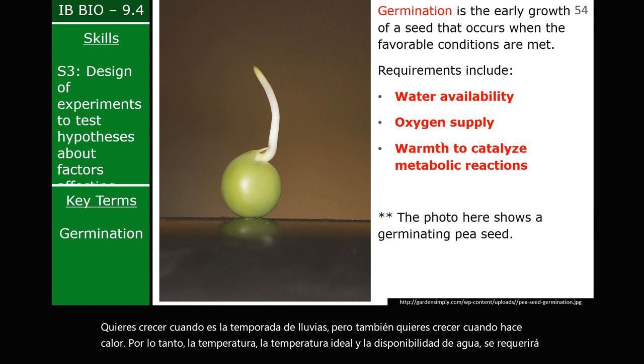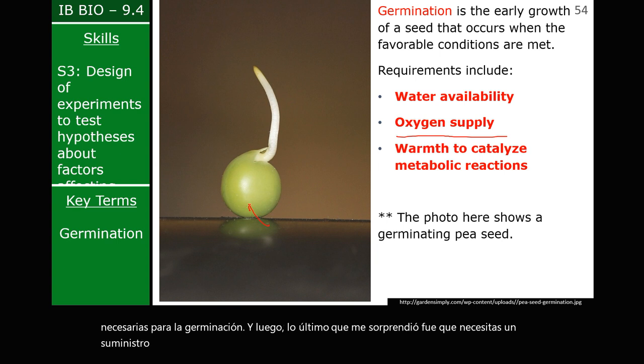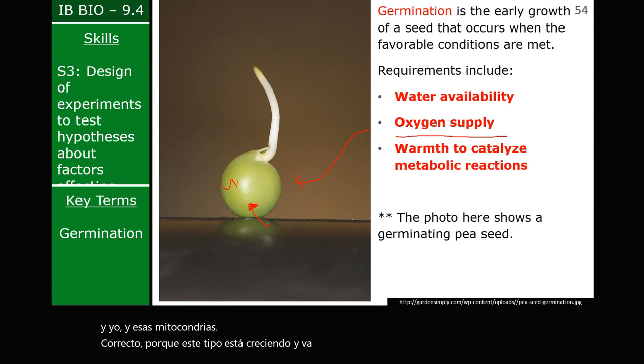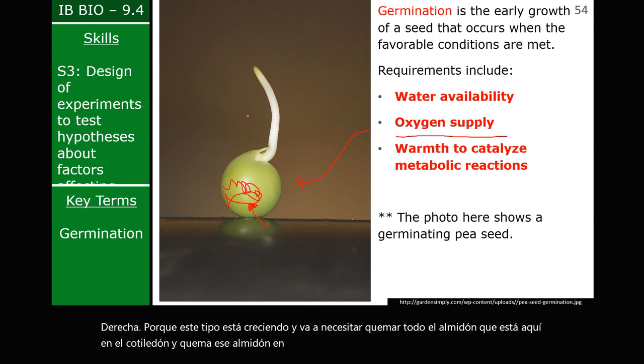And then the last thing that kind of surprised me was that you need an oxygen supply. So remember, the plants are full of mitochondria, just like you and me are. And those mitochondria, because this guy is growing, it's going to need to burn all the starch that's here in the cotyledon, and it burns that starch in the mitochondria to create energy, which is going to fuel its growth.